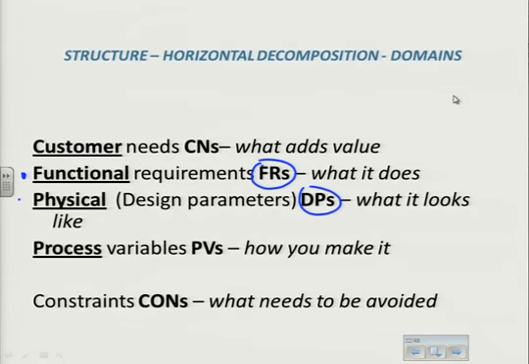Or we could go concurrently and say, well, let's use the functional requirements from the customer needs, things like prevent oil leak, and then we have the physical requirements as to what the shaft surface needs to look like, what kind of roughness it has, and then the process variables would be how do we create that kind of roughness on the shaft.